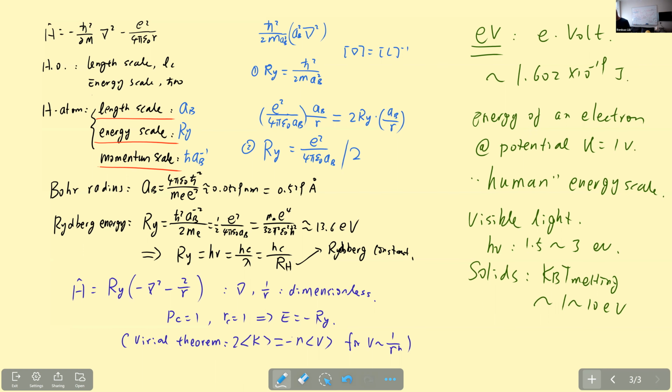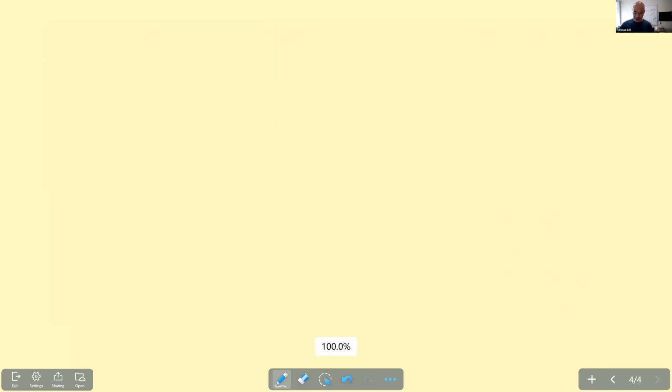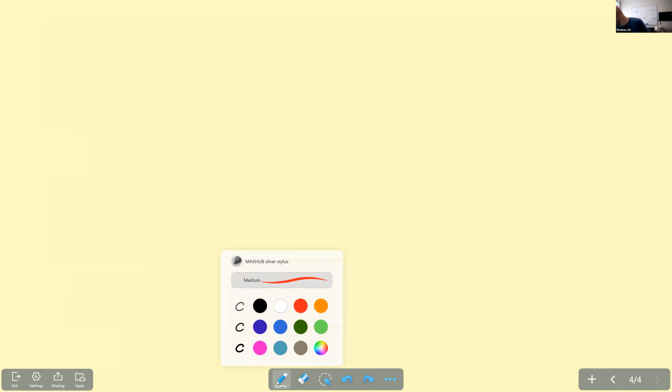All right, another eigenstate, of course. Right, so the eigenstate, so we should have the Hamiltonian acting on this eigenstate equals E_nlm, right?